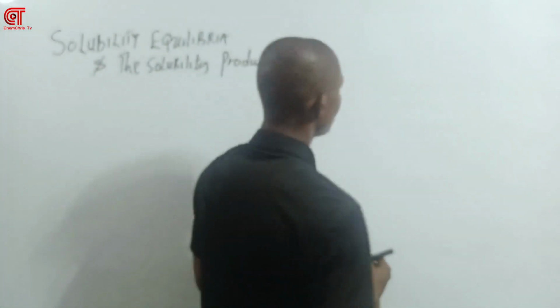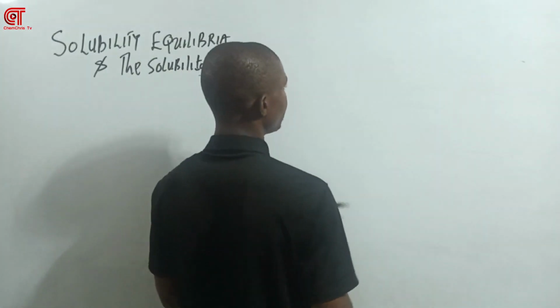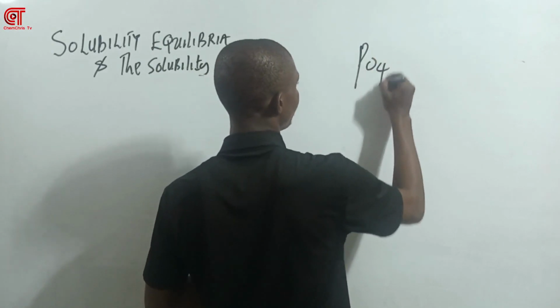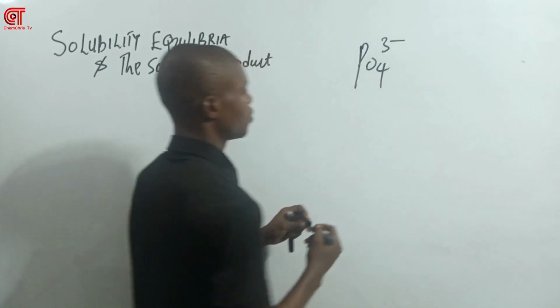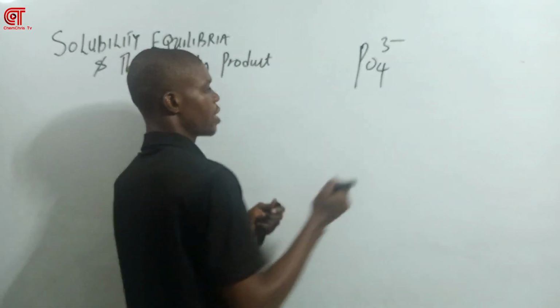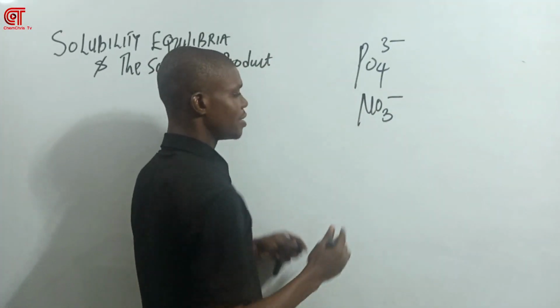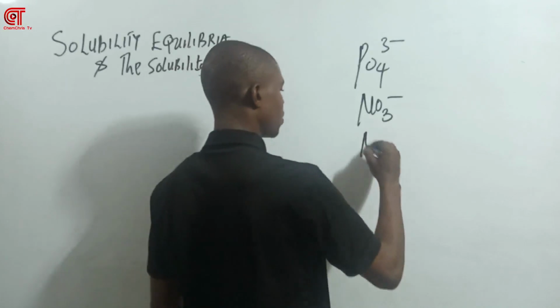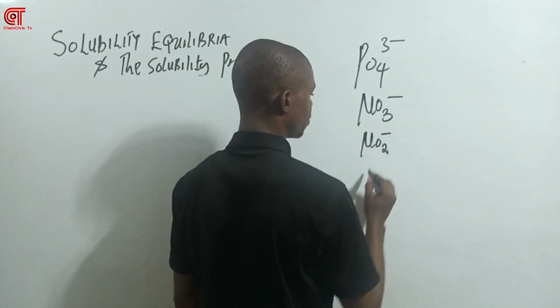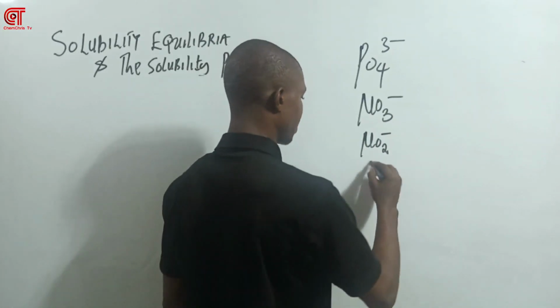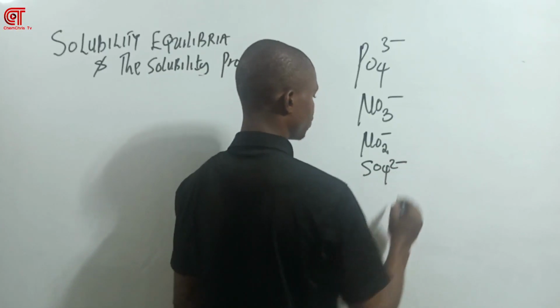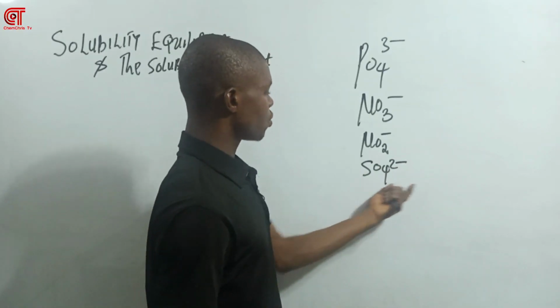So you really want to, when I write yourself, for example, here we have PO4 3- called phosphate, we have NO3- and here we call what? Nitrate. You have NO2- here we have nitrite. Here we have SO4 2- sulfate.